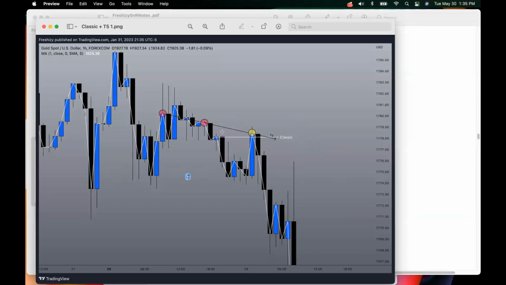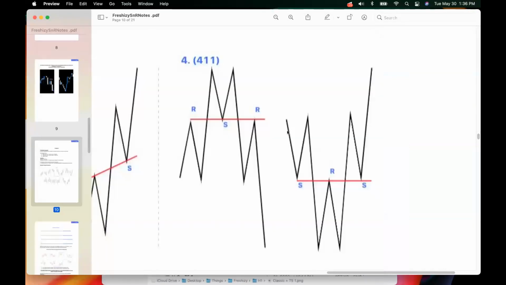So this one is a classic level and this is TL5. You're going to do 100 examples of these, or however many you want. I personally did 100 examples of each. When I learned about this stuff, I did 100 examples of each trend line. And by the time the next week came, I was better than everyone else. So if you guys want to work hard, do 100, and you're going to be better than me. And I want you to be better than me.